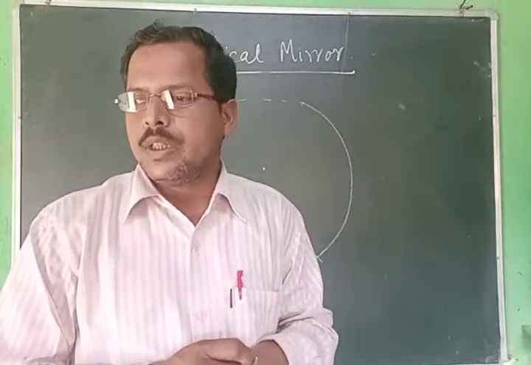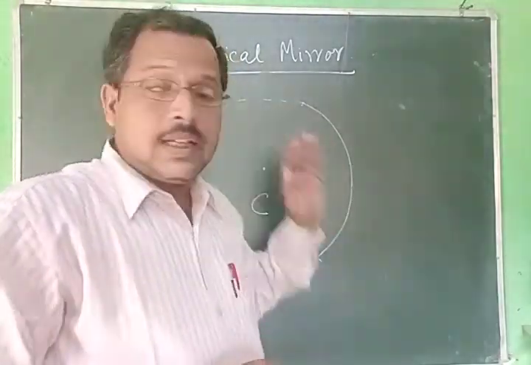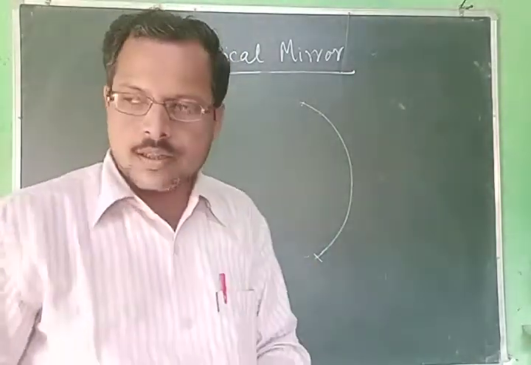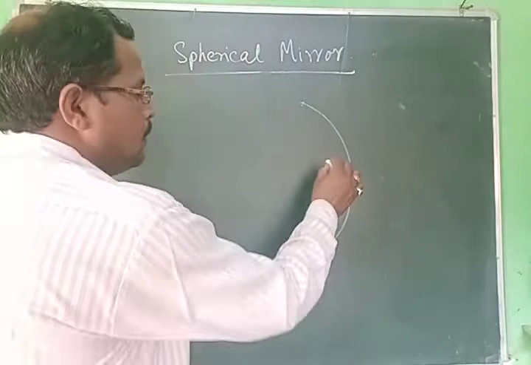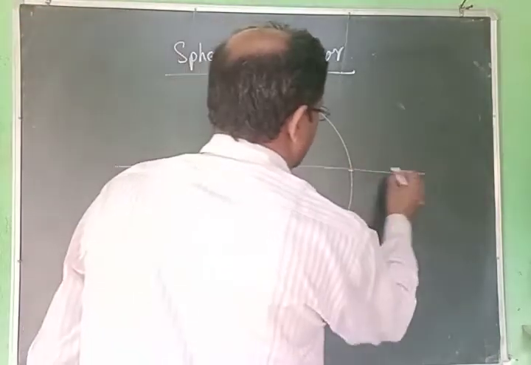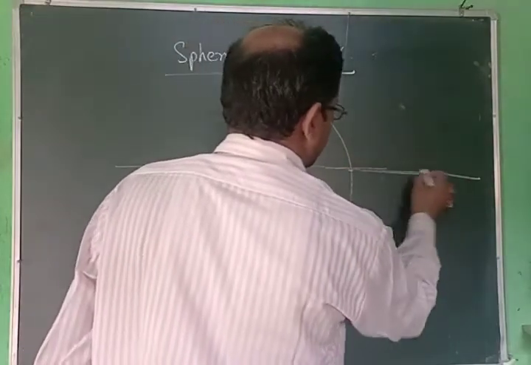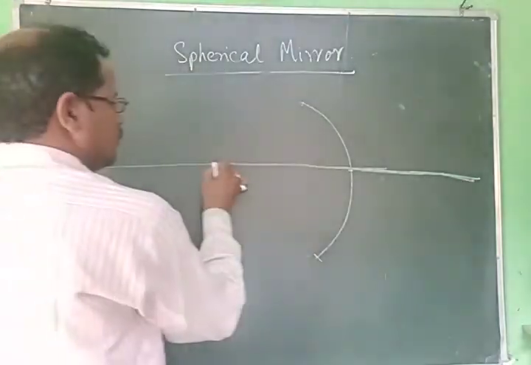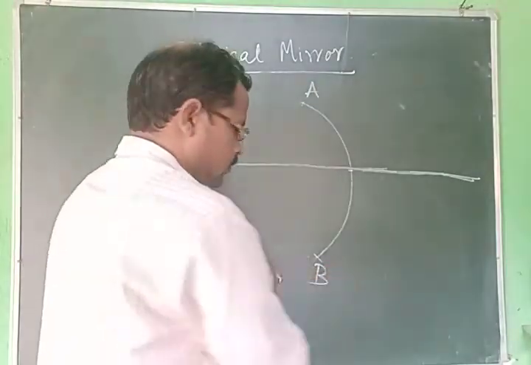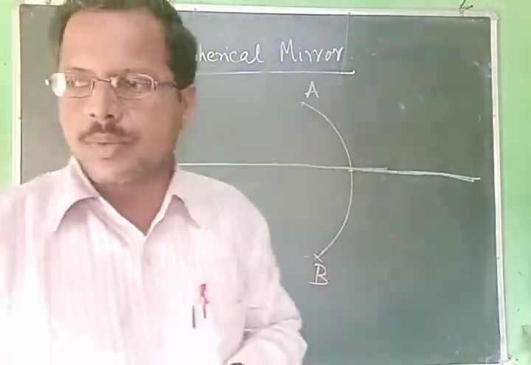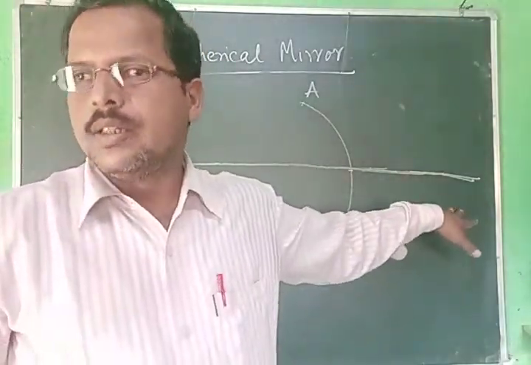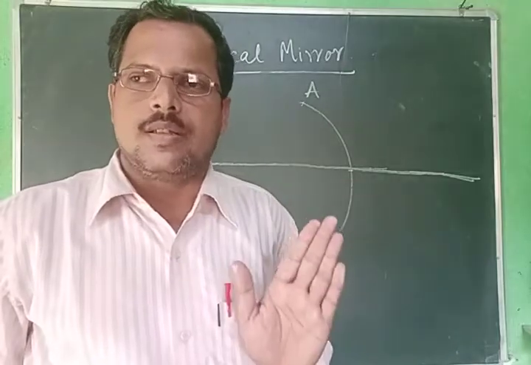And if we take an axis, drawing from the middle point, suppose AB is a part of the reflecting surface, the concave mirror. If we draw a line in the middle, that is called the principal axis.